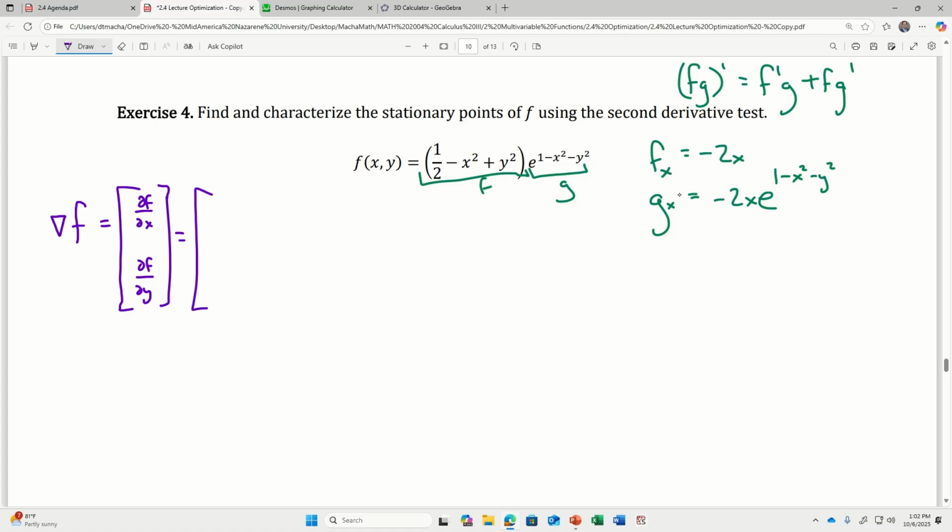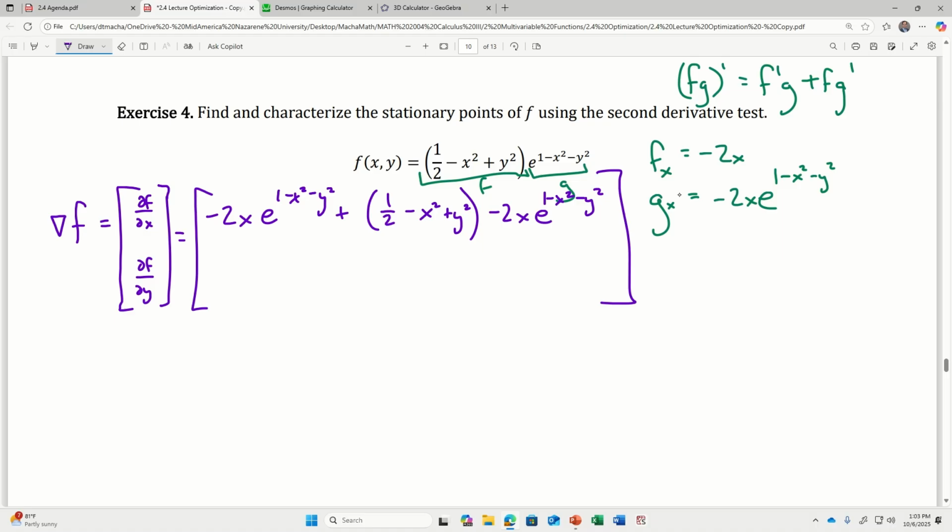And I'll write something like negative 2x times g plus the f part, times the g prime part, which is negative 2x e to the 1 minus x squared minus y squared.